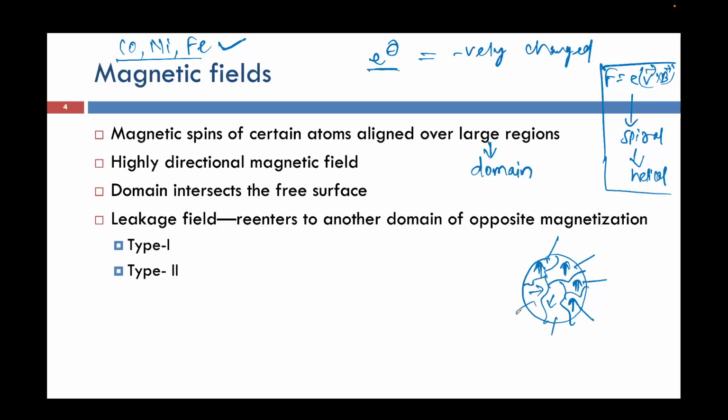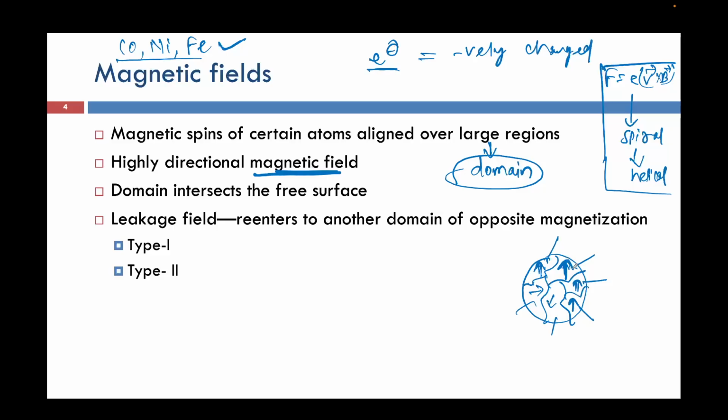Based on their magnetic spin, I can say whether the material is ferromagnetic, ferrimagnetic or antiferromagnetic. So in materials, domains are present, and these domains contain a highly directional magnetic field. Based on the orientation of these domains, we can say whether a material is eligible to be a magnet or not.